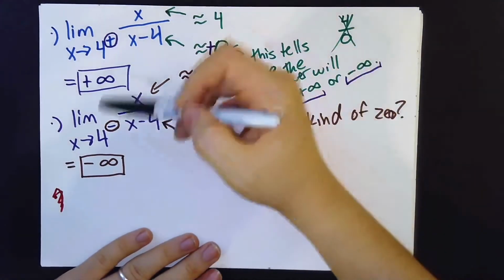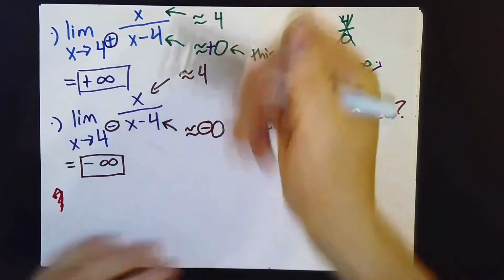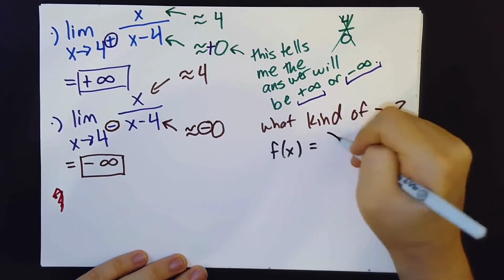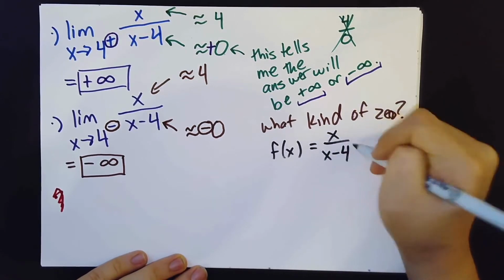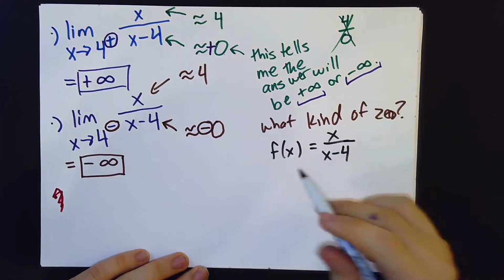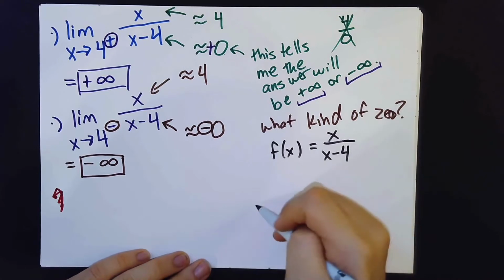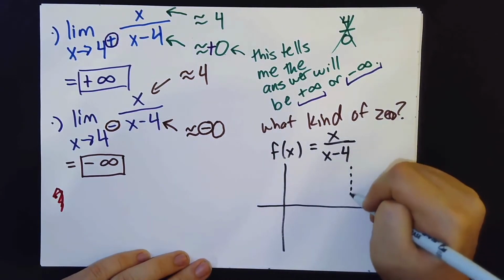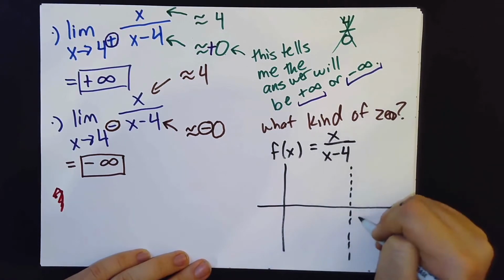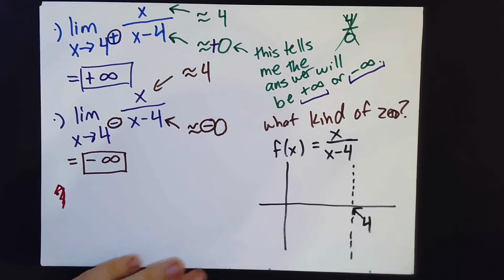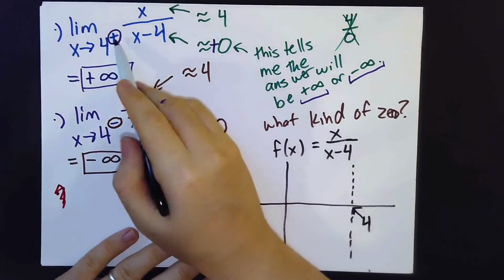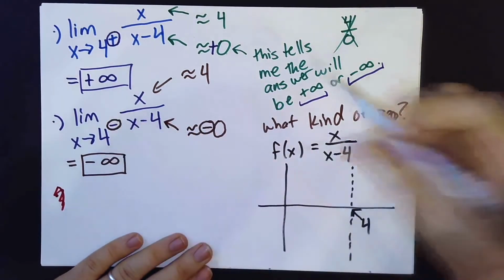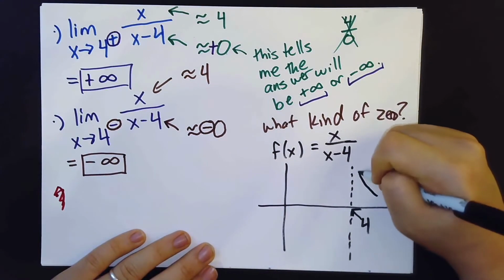Again, I want to think about what the story I just learned tells me about the graph of this function x over x minus 4. Namely, it tells me that at 4, so this is the input 4, on the right-hand side, that is on this side, it ends up running off to positive infinity.